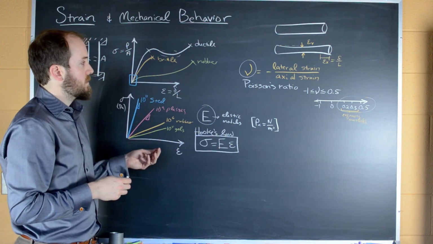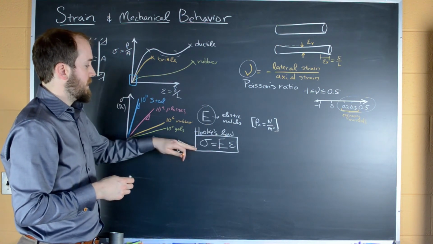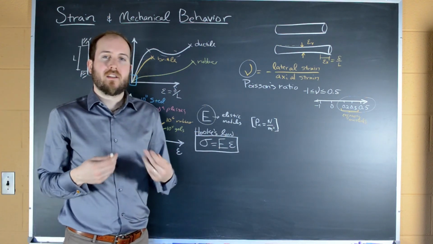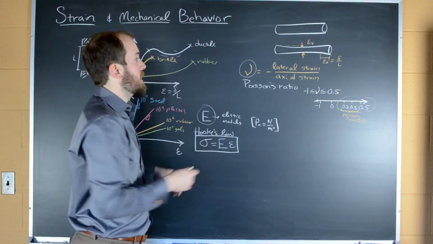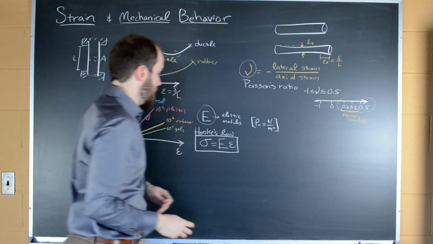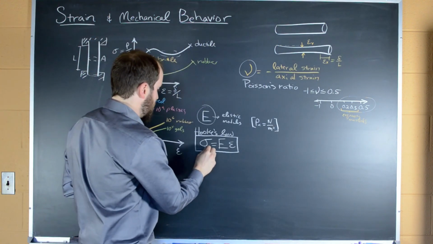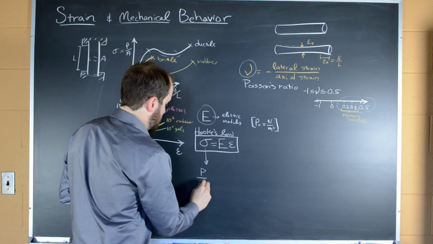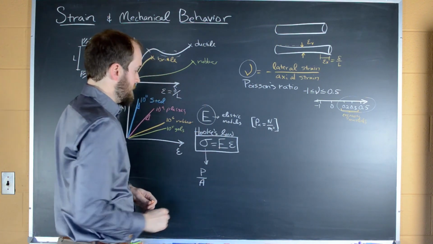So, Hooke's law allows us to relate stress to strain. We can very quickly get an understanding of how to, say, describe the displacement of an object by doing a quick substitution. We take stress, which is equal to force per area.